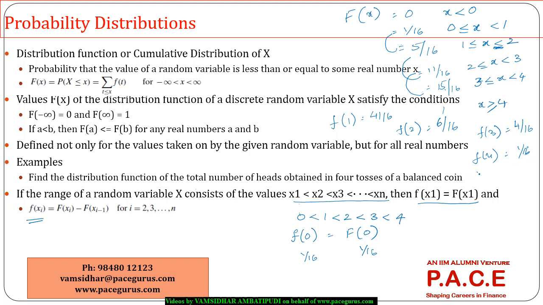Finally, f(5) I get as 0, because F(5) and F(4) are both 1, and 1 minus 1 is 0. So small f(xi) is nothing but capital F(xi) minus capital F(xi minus 1). That's one more way of quickly obtaining the probability functions from their corresponding distribution function.